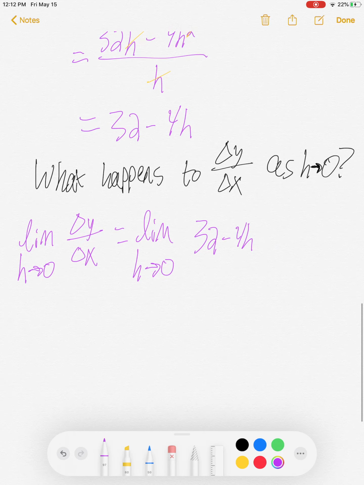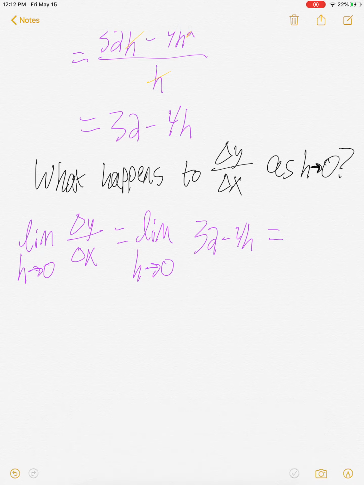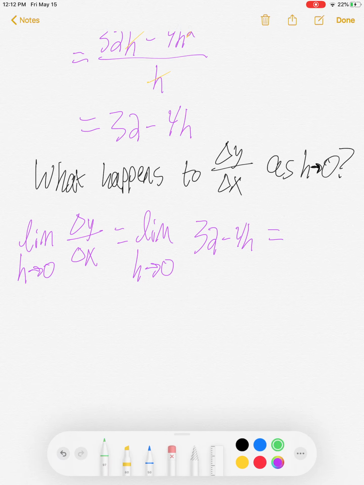And in this case, since we just have a very nice polynomial here, to find the limit, all that we have to do is we just plug in h equals 0, right? We're plugging in this value for h. If this was, say, as h approaches 1, you would just plug in h equals 1. But here we want the limit as h approaches 0. So this becomes 32 minus 4 times 0.